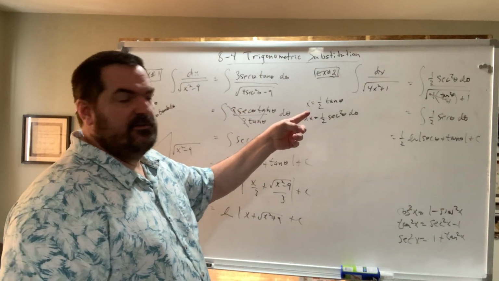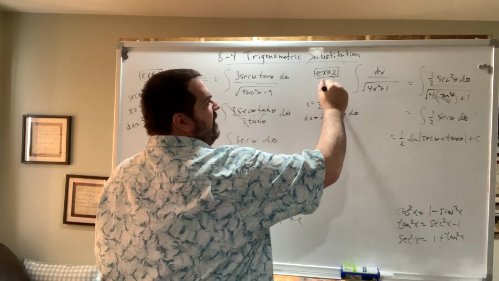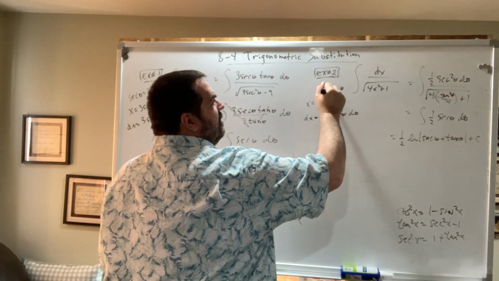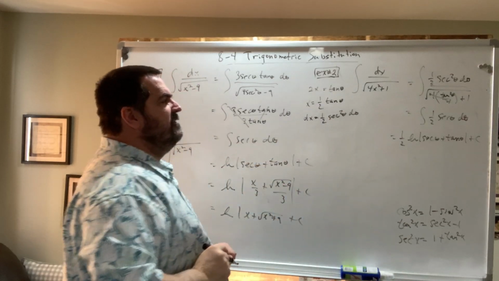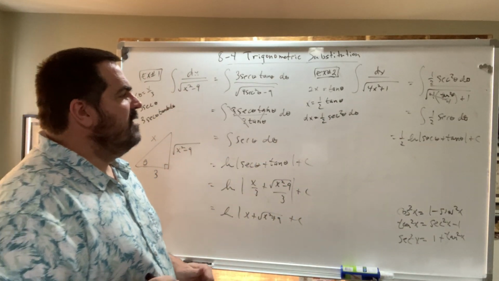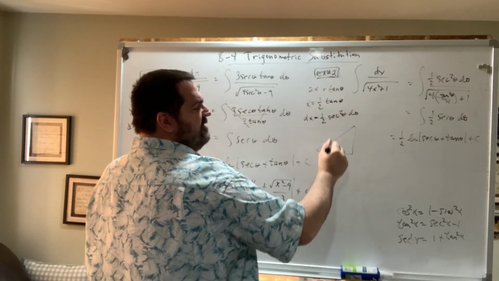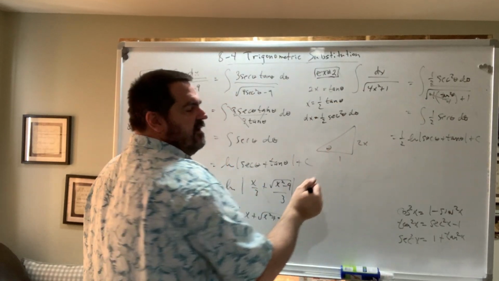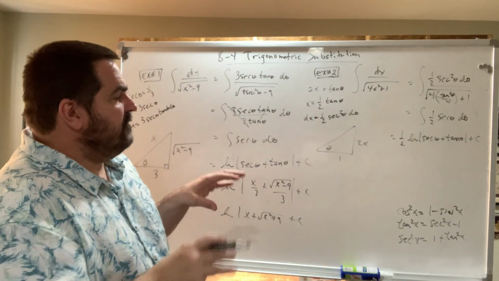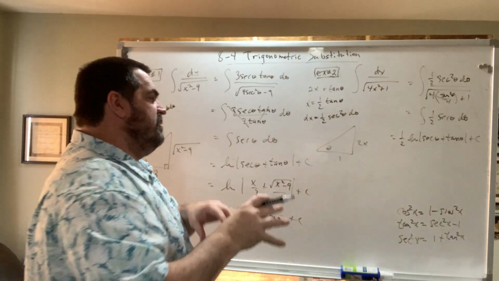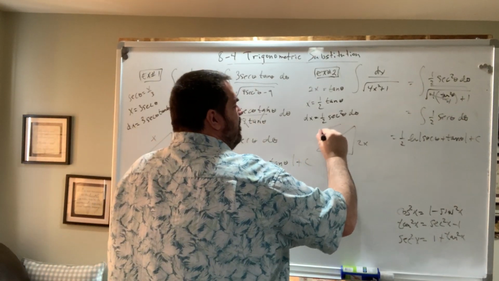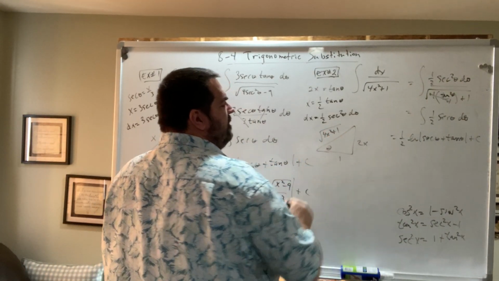And now if I solve this for tangent, I get 2x. Multiply both sides by 2. So when I do my triangle, tangent of theta is 2x over 1. Opposite over adjacent is tangent. You have the two legs of a right triangle. You have to add them: 4x squared plus 1.